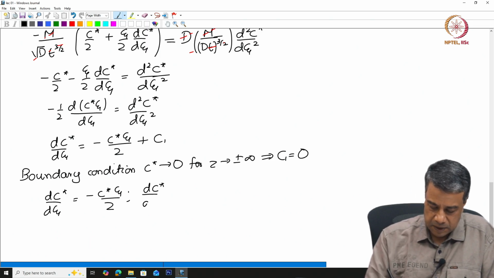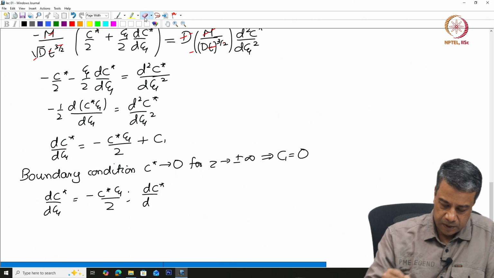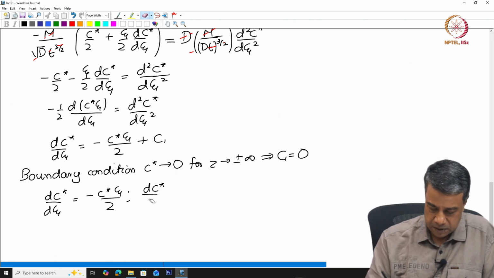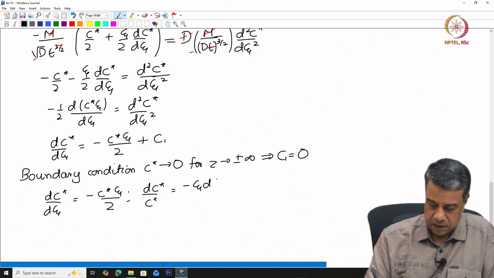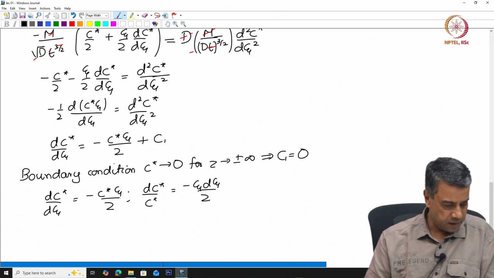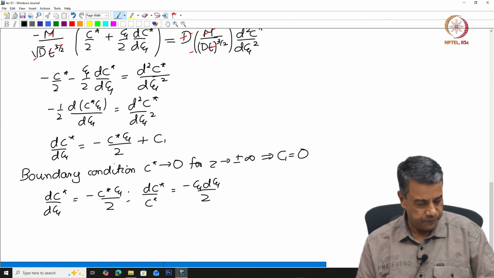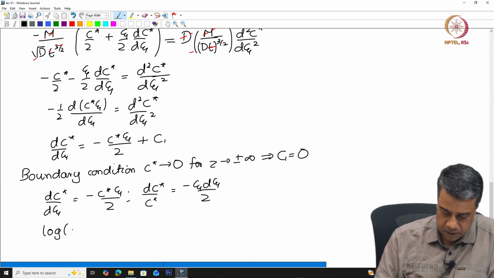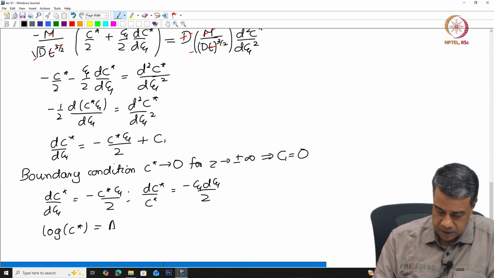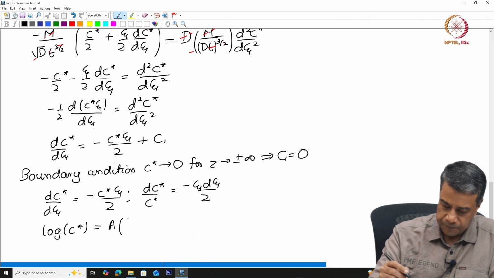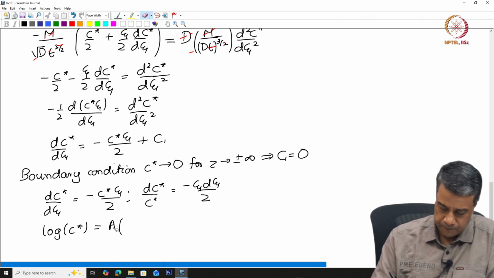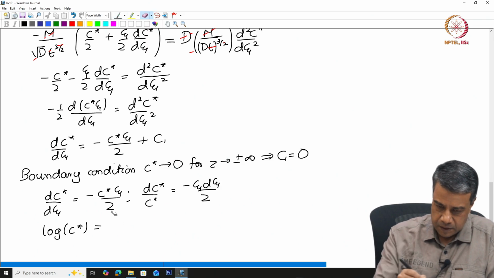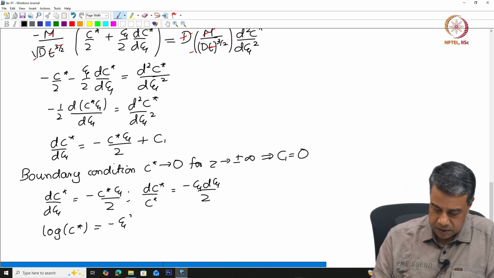Integrating this, dC star by C star is equal to minus psi d psi by 2. This implies that log of C star is equal to minus psi square by 4 plus a constant.